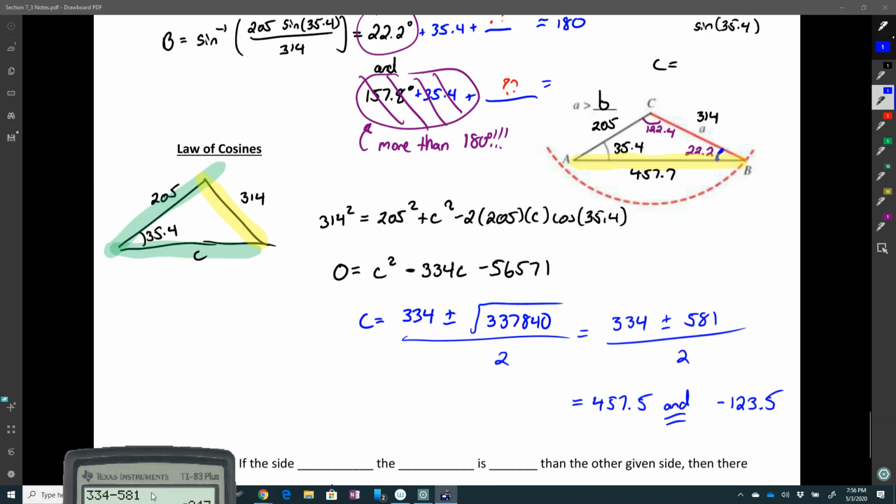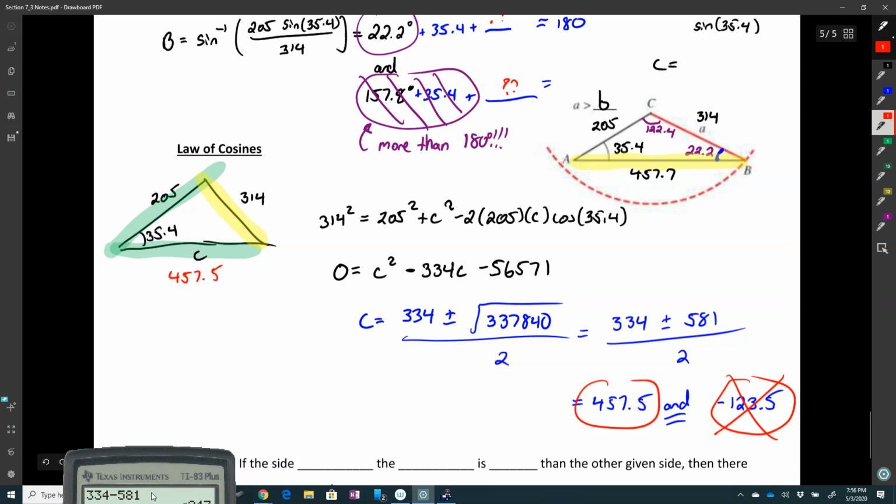So notice even the law of cosines tells us that we only have one solution. The only solution has to be the positive answer, which means this negative solution doesn't make sense. So we have one answer, and if I know this is 457.5, I can figure out the missing angles.